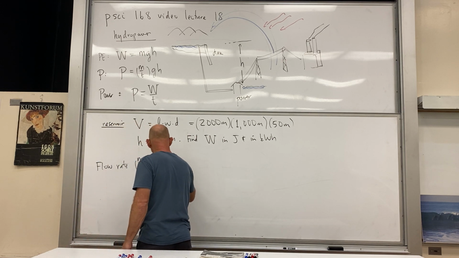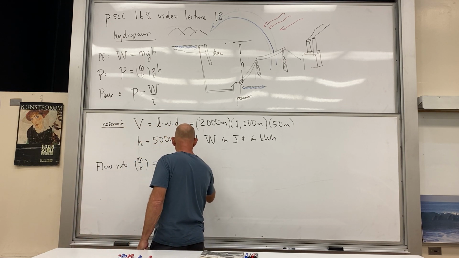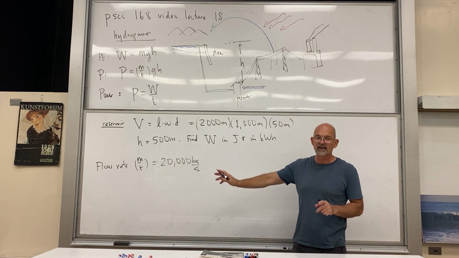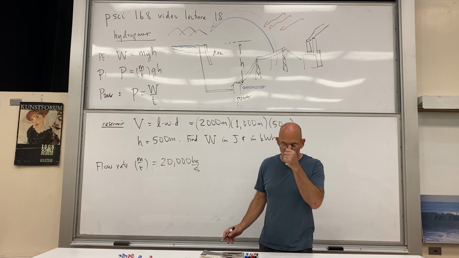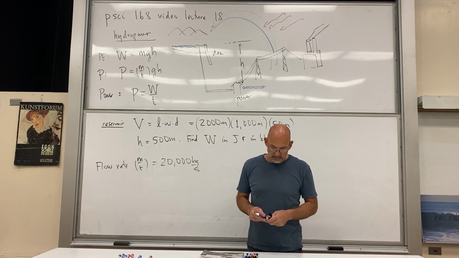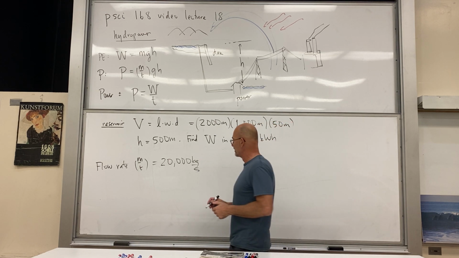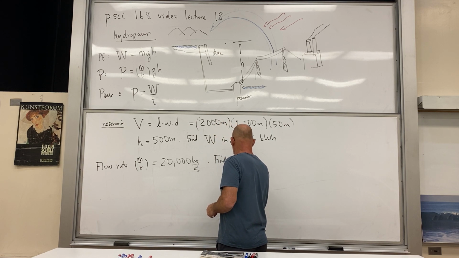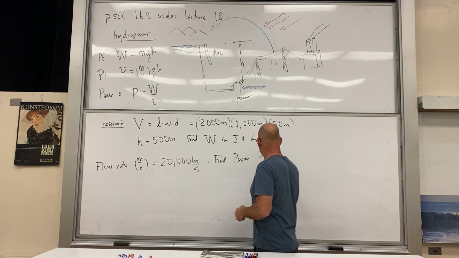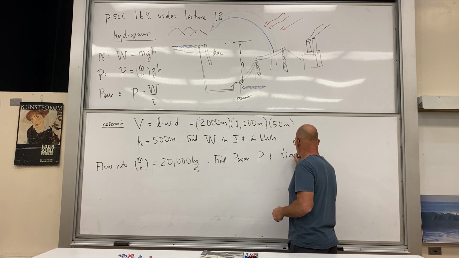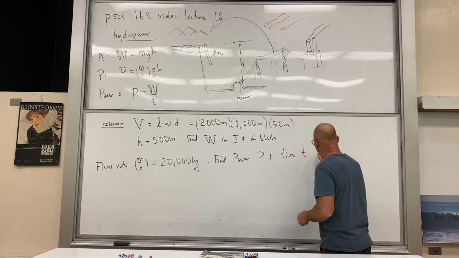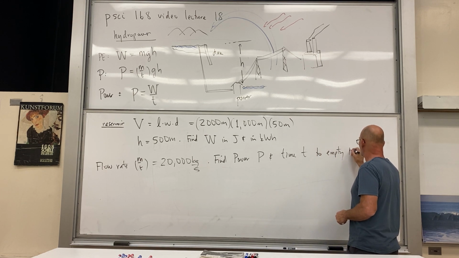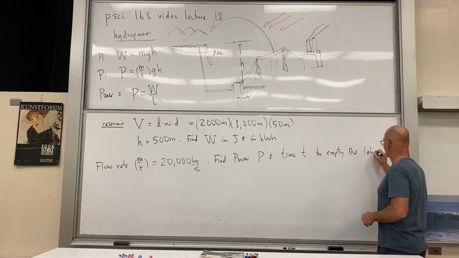We took 20,000 kilograms per second. Turns out, you'll see in the final answers, these are all really good, realistic, reasonable numbers. Find the power P and time T to empty the reservoir. I'll just write to empty the lake.